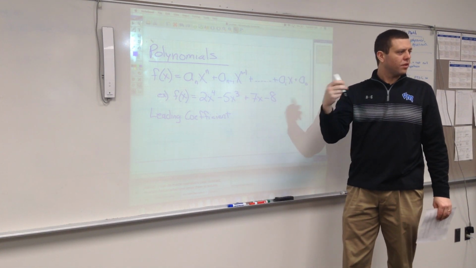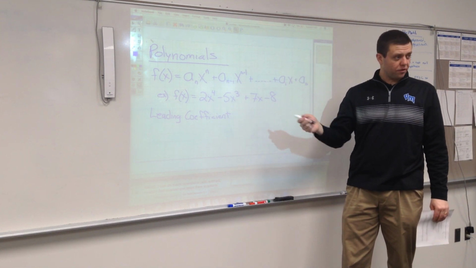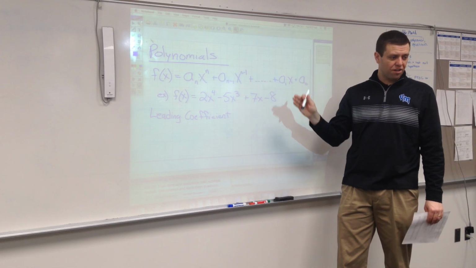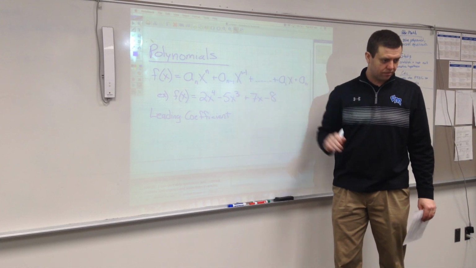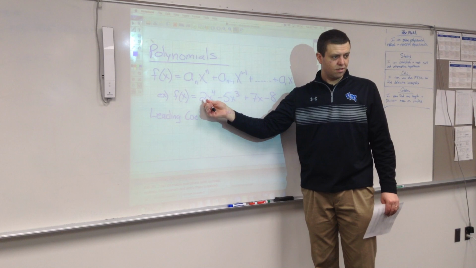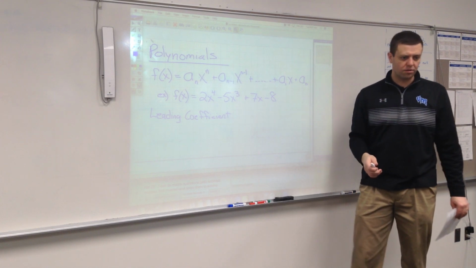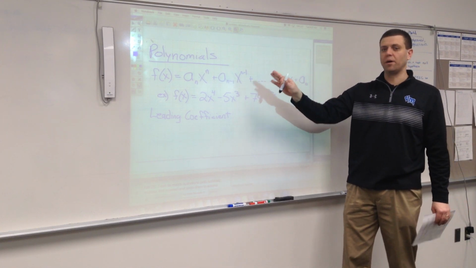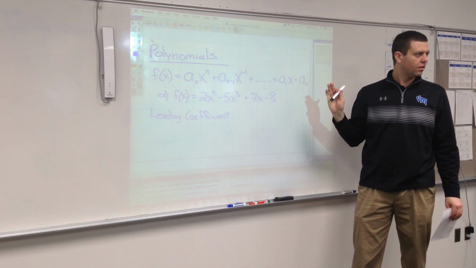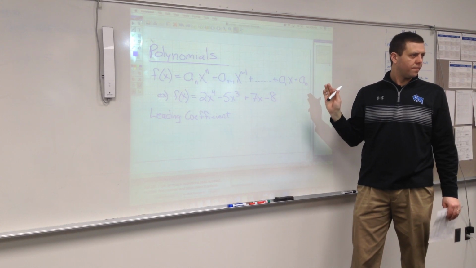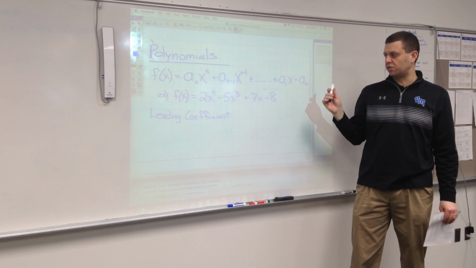The leading coefficient is the coefficient that's on the term with the highest power. It should be here, unless it's written in the wrong order. So you might need to write things in the correct order, and the correct order means you start with the highest power and you work your way down. Okay, so my leading coefficient is 2.